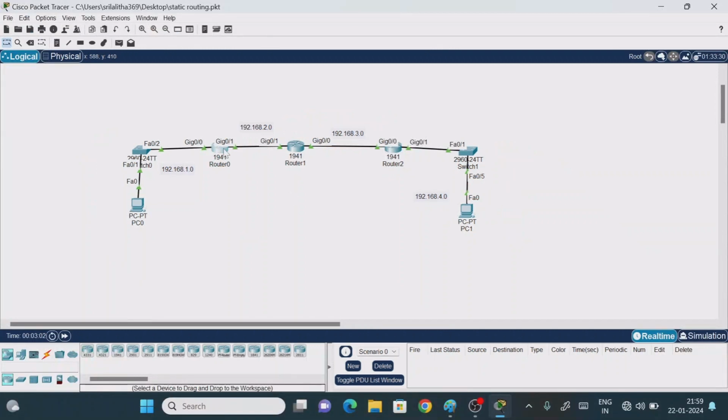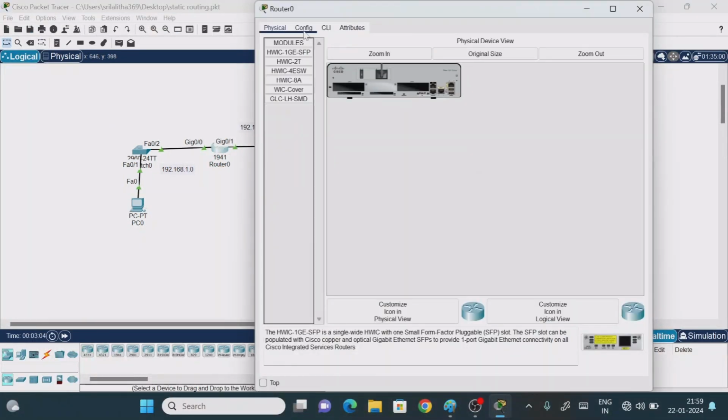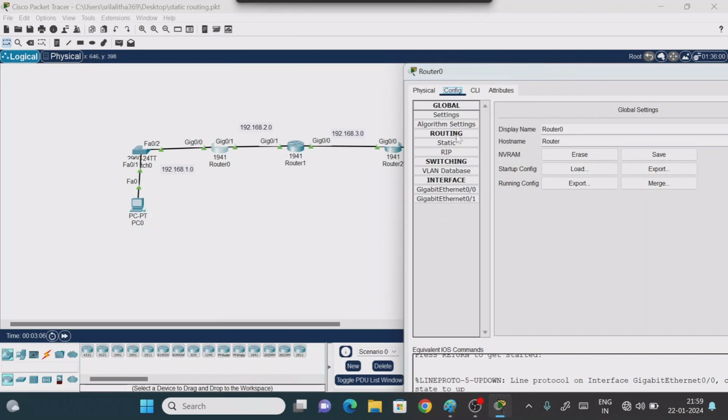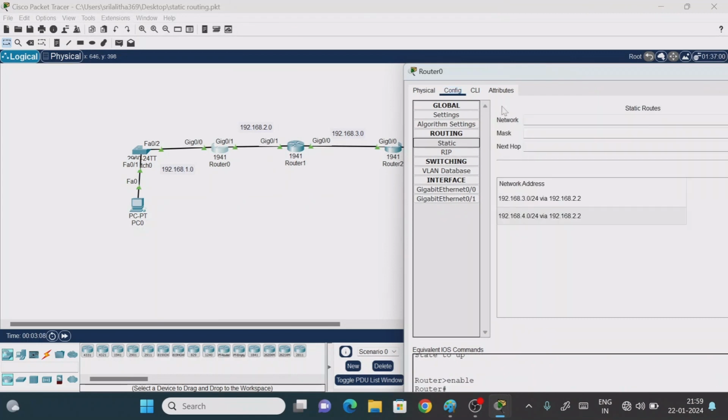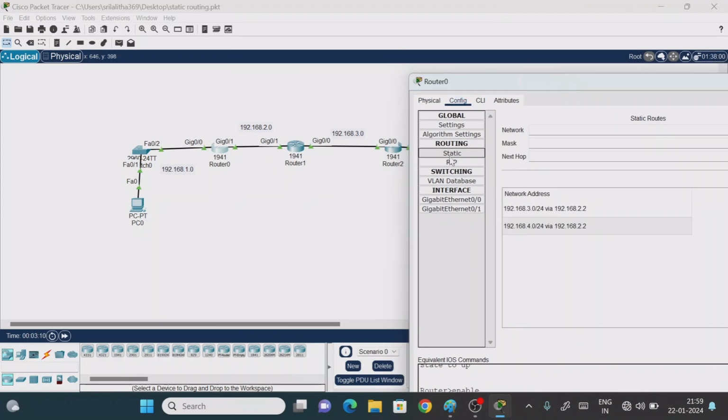Suppose I click on this router, see that now we have the configuration. Under the configuration, I am going to perform the manual operation. We have two routing protocols. One is called static routing, another is called dynamic routing. For this case I am going to use static routing. Now see, this is the directly connected router, right? So for this router, what is the directly connected network?